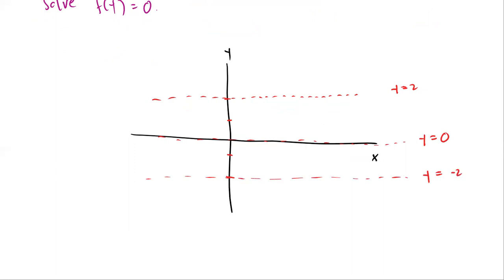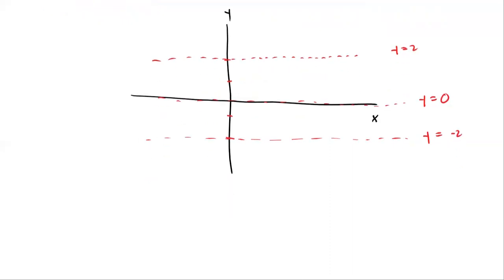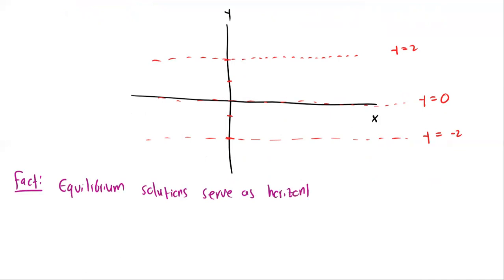Now, why do I plot them as dotted lines? Well, I plot them as dotted lines because of this property that I'm not going to prove. I'm just going to give it to you. So let me write it as a fact here. Equilibrium solutions serve as horizontal asymptotes.